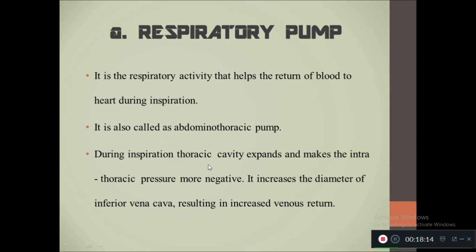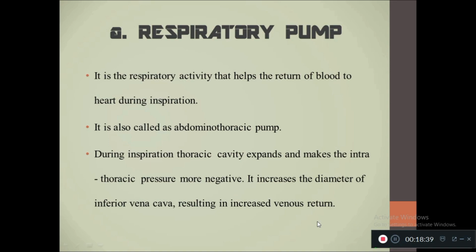During inspiration, what is happening? The thoracic cavity expands and makes the intrathoracic pressure negative. So when we take oxygen from the atmosphere by the process known as inspiration, the thoracic pressure is going to be negative.